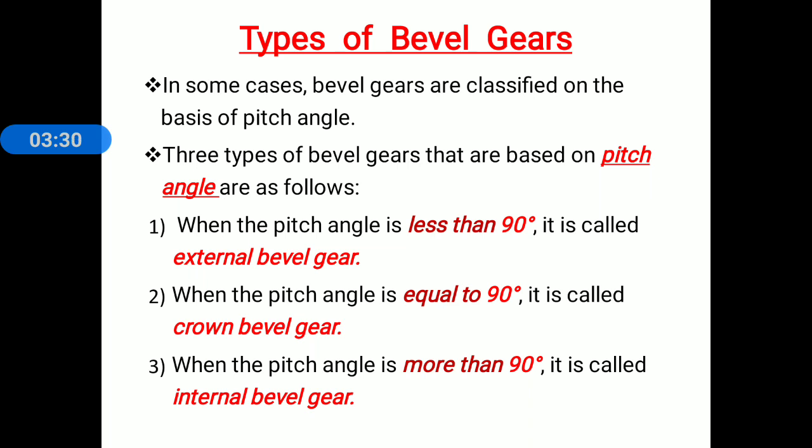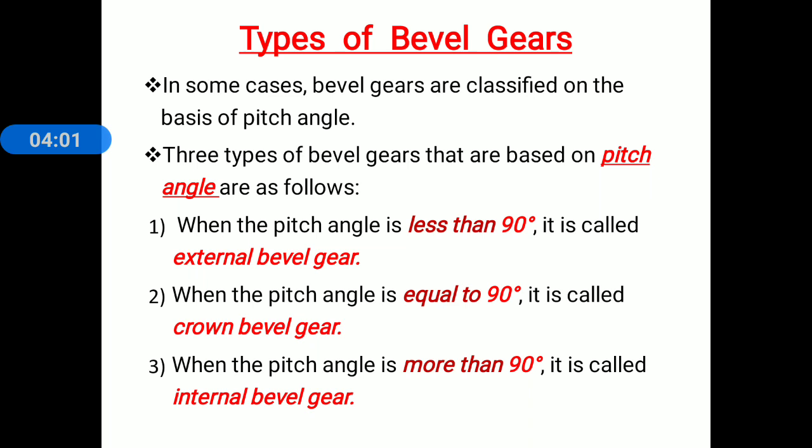Second, crown bevel gear. When the pitch angle is equal to 90 degrees, it is called crown bevel gear. Third type based on pitch angle: when the pitch angle is more than 90 degrees, it is called internal bevel gear. Remember this classification based on pitch angle.